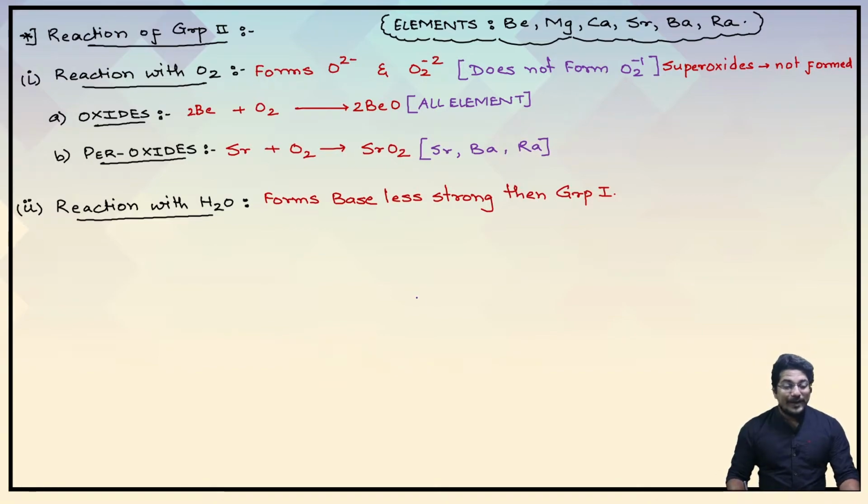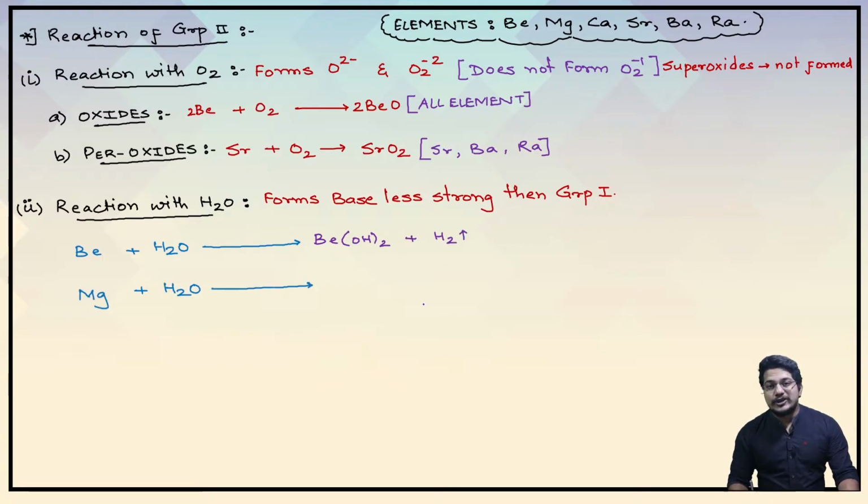Let's see. Now beryllium, when it reacts with water, what would you get? You would get a compound which is Be(OH)2, plus you would get H2 that would be liberated. Similarly, if you talk about magnesium, then magnesium plus H2O gives you Mg(OH)2 plus H2.